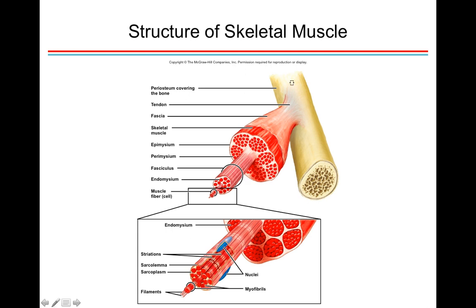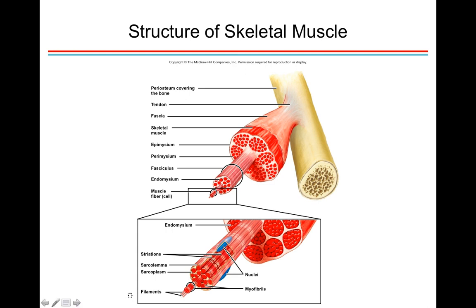Here we see a bone connected to a muscle, and here's the tendon, which is strong connective tissue anchoring the muscle onto the bone. And I want to jump down here and show you that this little unit of muscle is actually a muscle cell, and it has a sarcolemma around it. A sarcolemma, by the way, is the plasma membrane of a muscle cell.